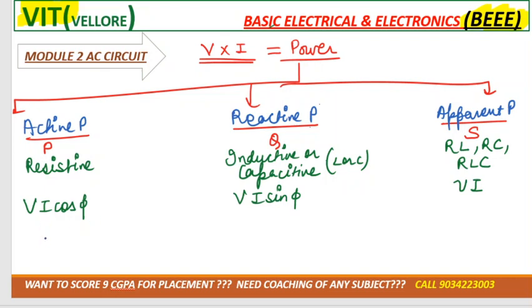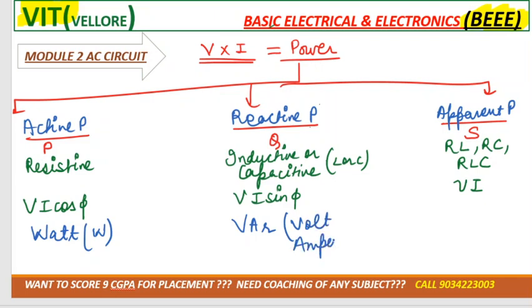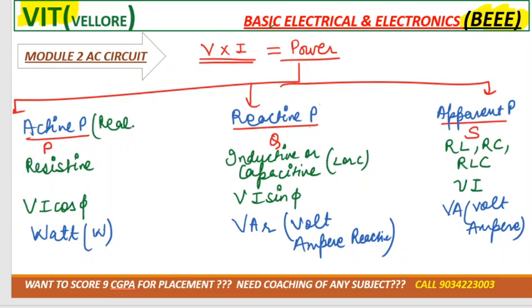Active power standard unit is watt, that is represented by W. Reactive power standard unit is VAR, that is volt-ampere reactive, and apparent power unit is VA, that is volt-ampere. Active power's other names are real power, or true power.